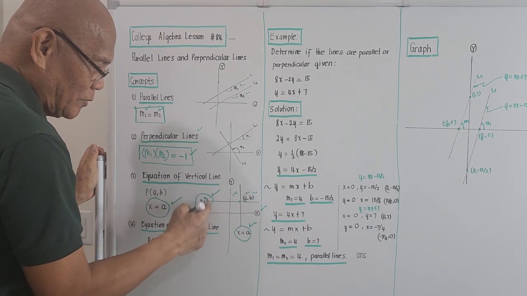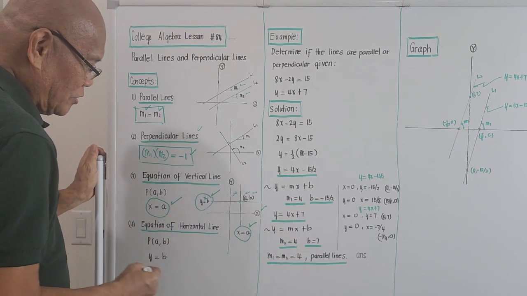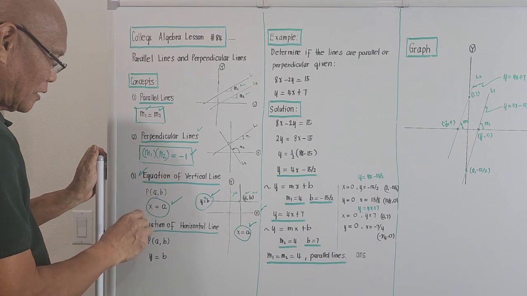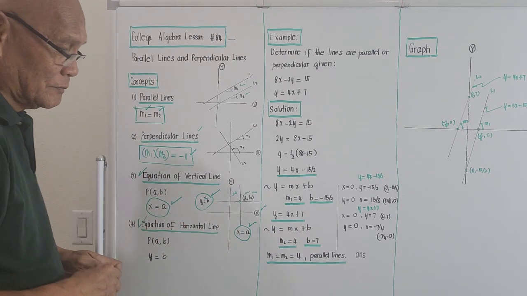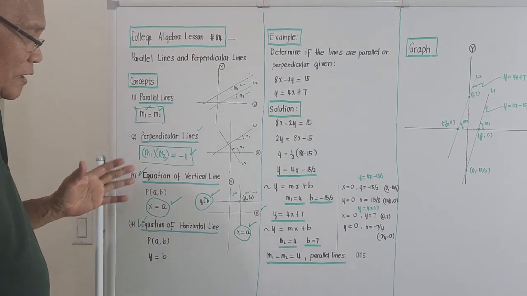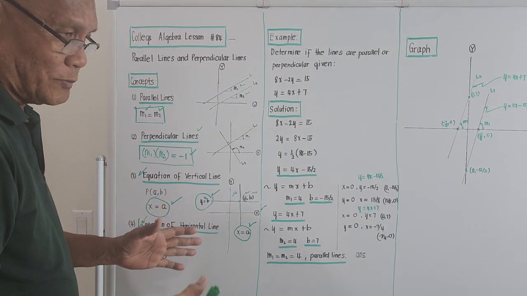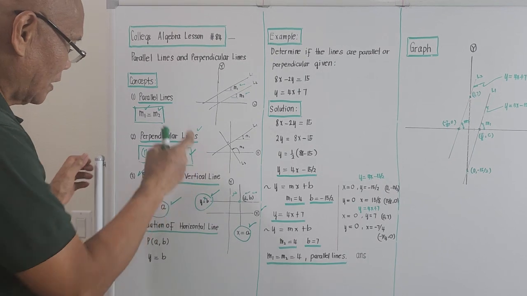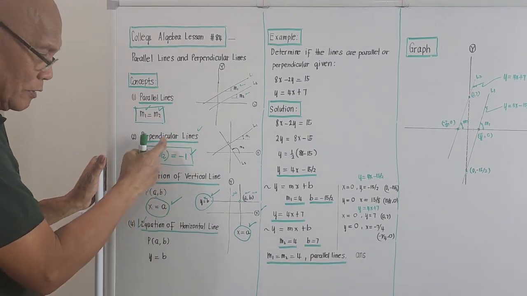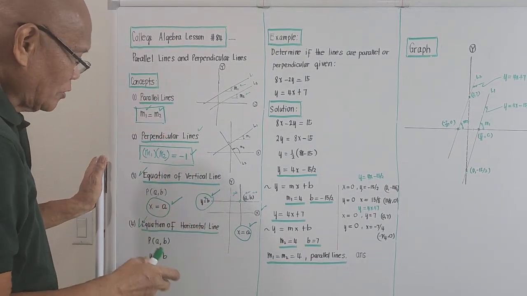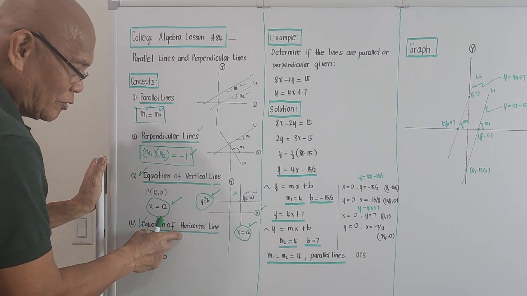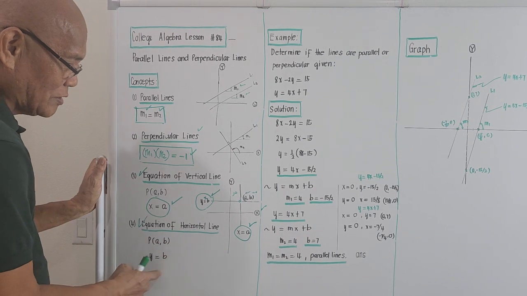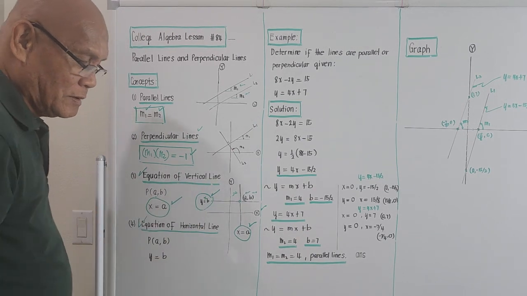That is y is equal to b, and this is x equal to a. So these two are the additional special cases under this topic tonight. So at least we now know the relationship of the slope of parallel lines, the slope of perpendicular lines, the equation of a vertical line, which is x equal to a, and the equation of a horizontal line, which is y is equal to b.